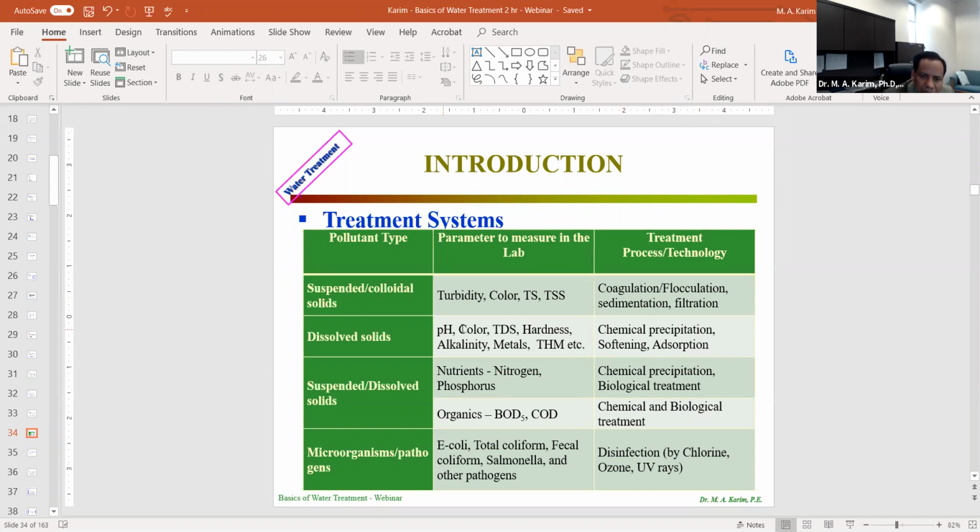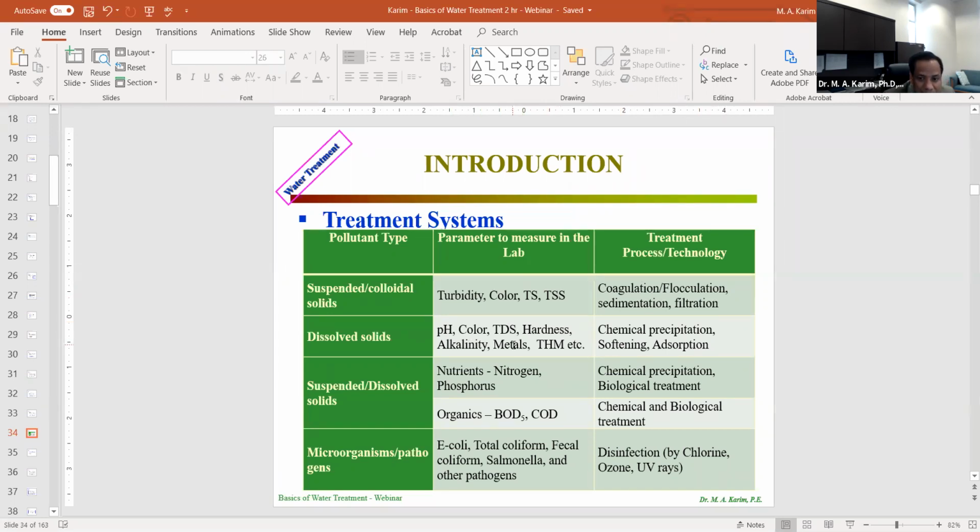Then dissolved solids: pH, color. pH reflects the level of hydrogen ions. Color, again, suspended and dissolved material can give you color. Total dissolved solids, hardness due to chemicals like calcium, magnesium, carbonate, bicarbonate. Alkalinity also.